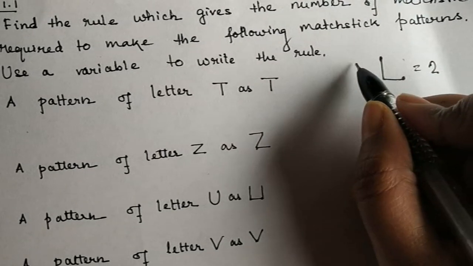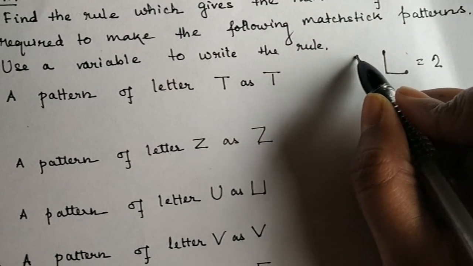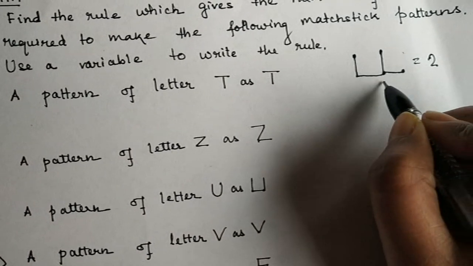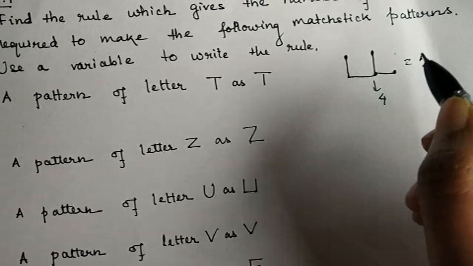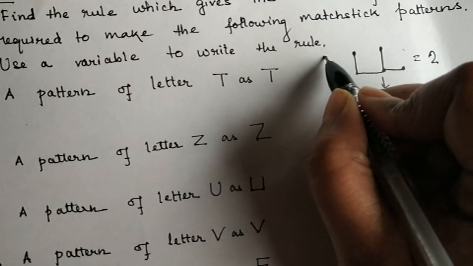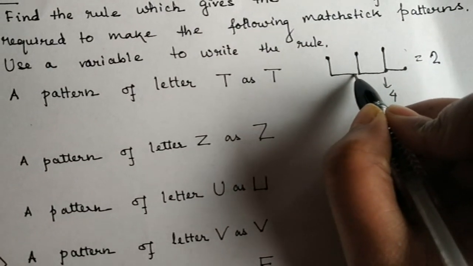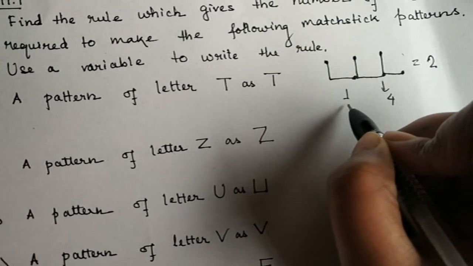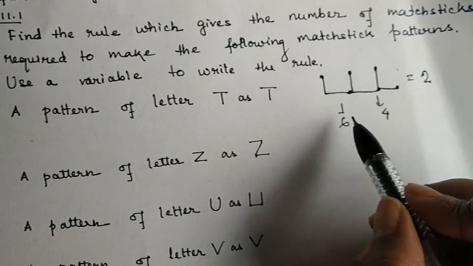Now suppose I take one more L, then it will be 4. If I take one more L, then it will be 6. 1, 2, 3, 4, 5, 6. So here one pattern is formed.